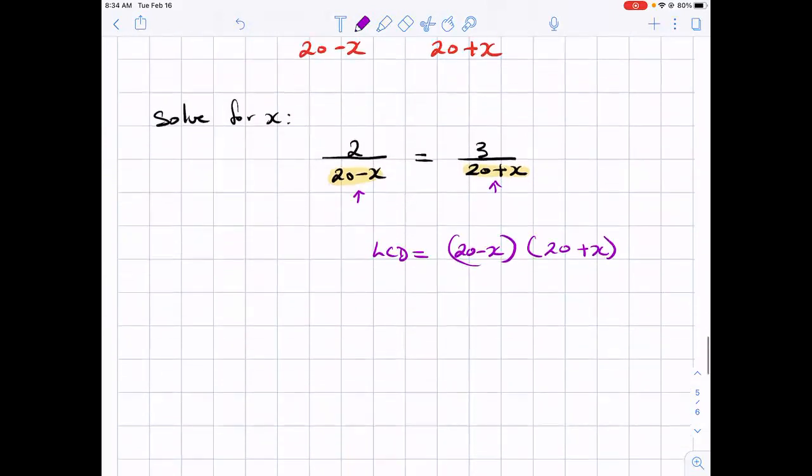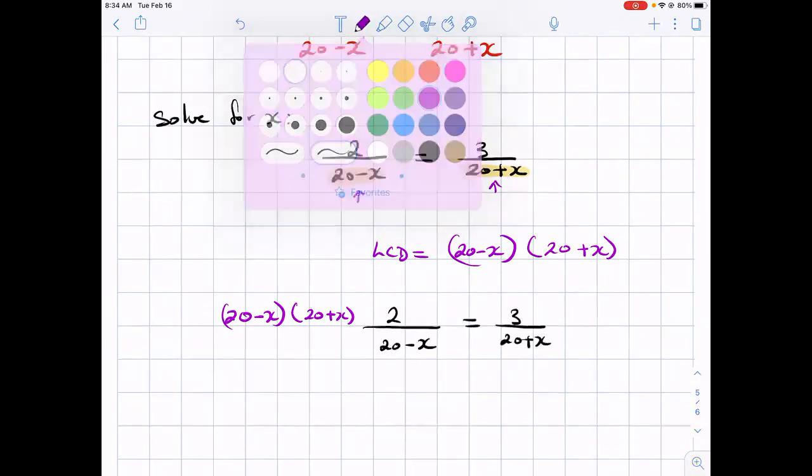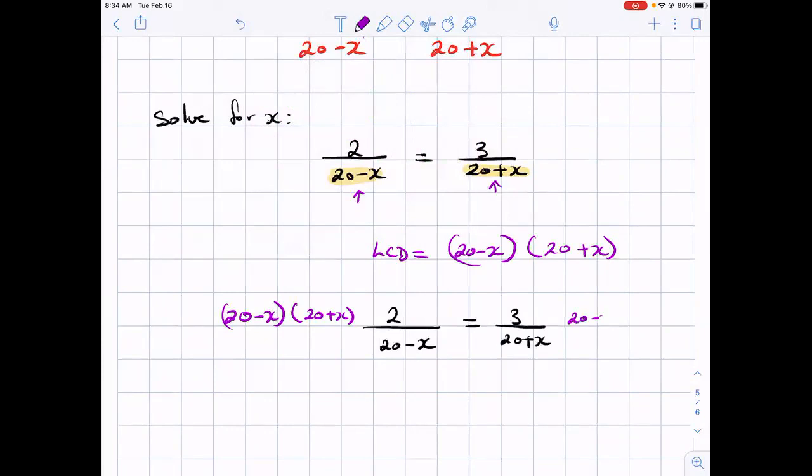Then we multiply each one of those fractions by the common denominator. So I multiply the first one, 3 over 20 minus x, and that is equal to 3 over 20 plus x, but we multiply both by the common denominator, which is 20 minus x times 20 plus x.